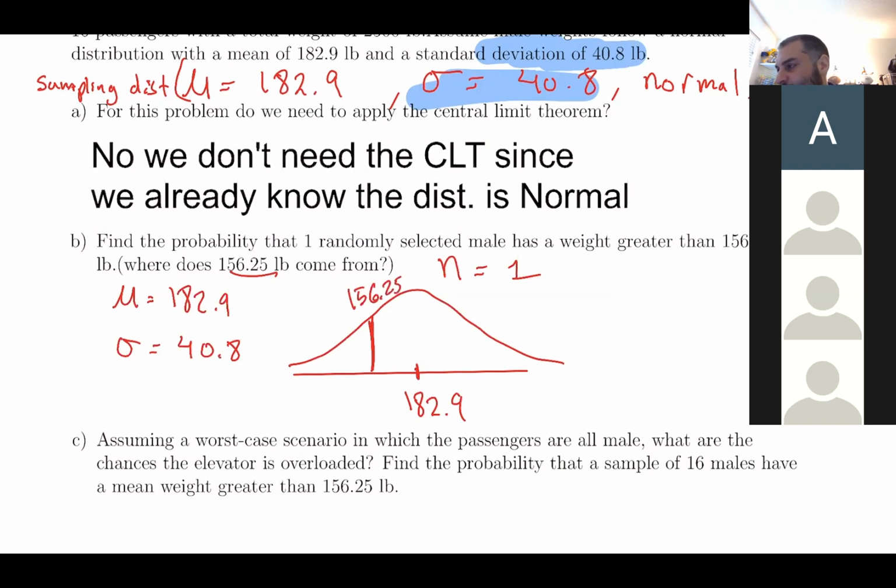Which side should I shade, the left side or the right side? The right side. Good, thank you, Anna, because it says greater than. All right, so for this one, what will be my lower bound and what will be my upper bound? Let's do lower bound. What will be my lower bound?